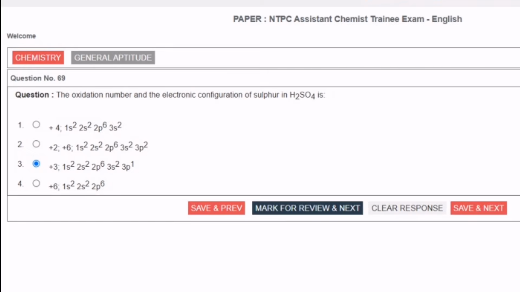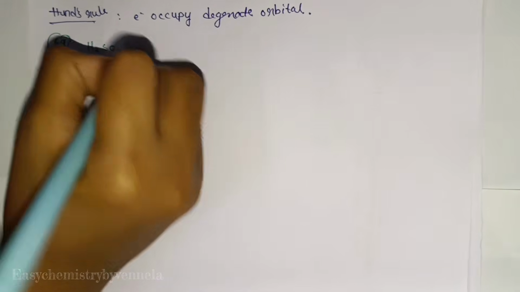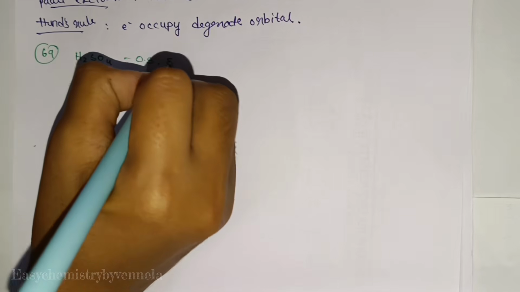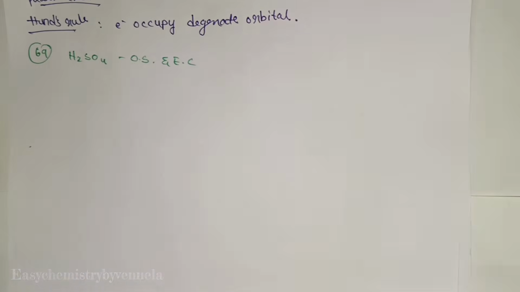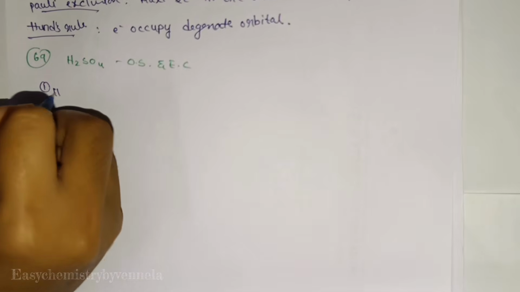Next question. The oxidation number and electronic configuration of sulfur in H2SO4 is... H2SO4. What you have to find? Oxidation number and electronic configuration. First one is oxidation number.